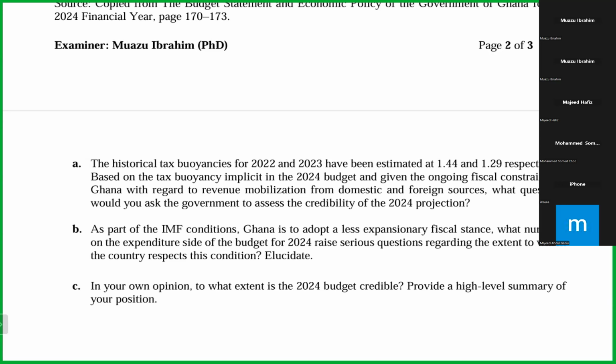If I say fiscal constraint, it means that government struggles from the revenue side. In other words, government struggles to mobilize revenue. It can also be that government struggles to control its expenditure. So here, I'm being specific: given the fiscal constraint of Ghana with respect to revenue mobilization, from which sources? From domestic and foreign sources. What key questions will we be asking government to assess the credibility of the budget?